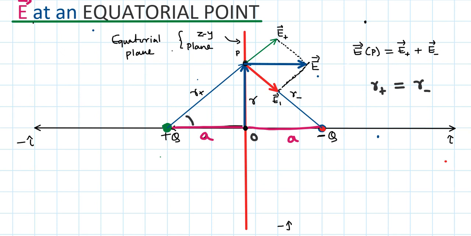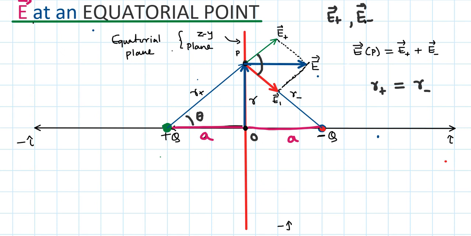So if this angle is, say, theta, then we need to know what angle this will be, the angle between the E plus vector and the E minus vector.